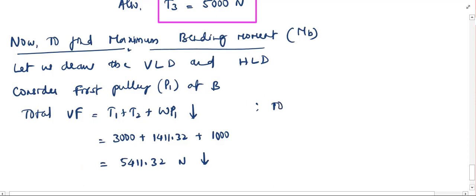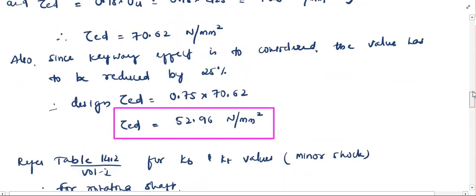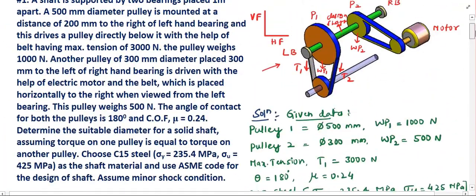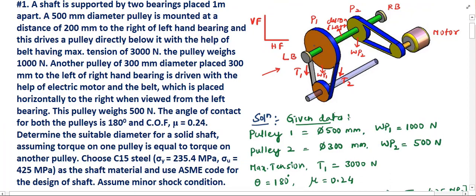Also, the total horizontal force on the design shaft will be equal to 0. As you can see in the figure, there is no other pulley on the right or left side of pulley 1 which is transmitting the power.